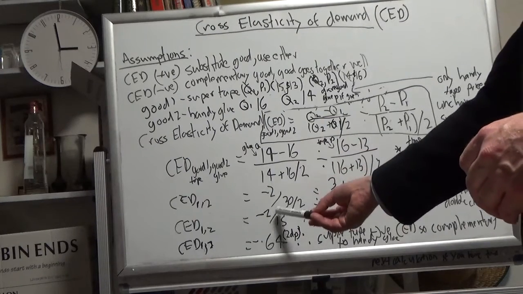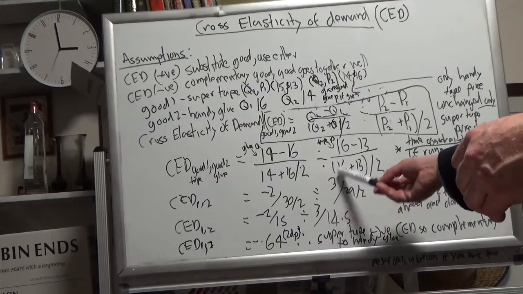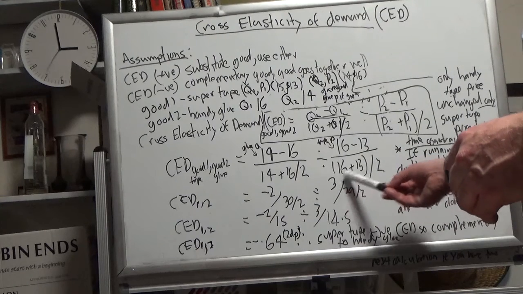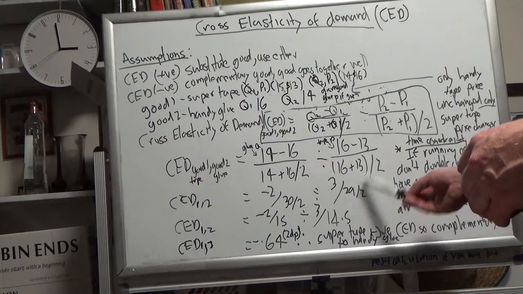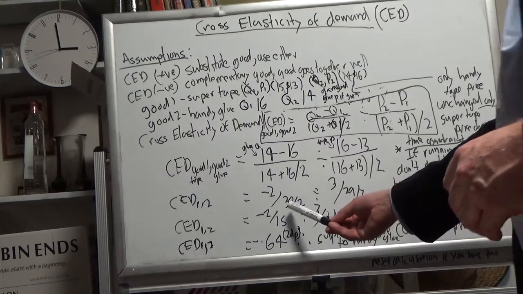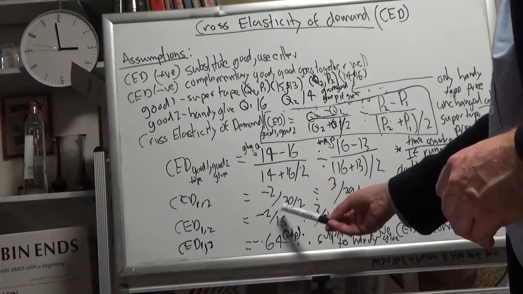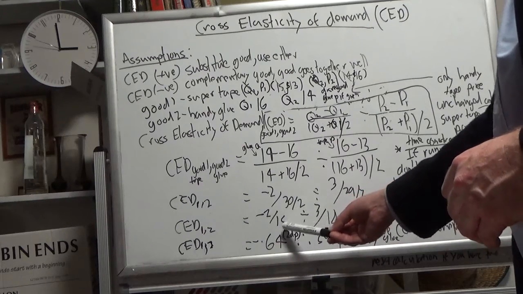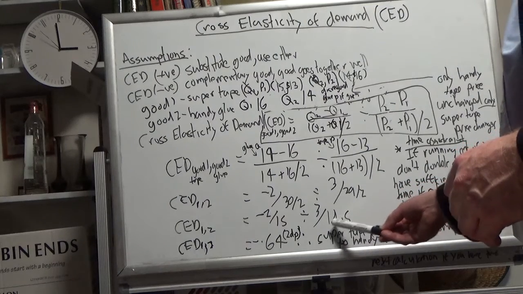So minus 2 over 30 over 2. Leave that as is. Divided by 3 over 29 over 2. Yeah, 16 plus 13 equals 29 over 2. We've reached that step. And now we simplify more the denominator. Minus 2 over 15, 30 over 2 is 15. Divided by 3 over, what's 29 divided by 2?